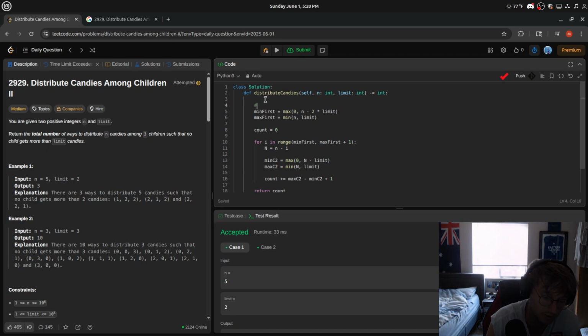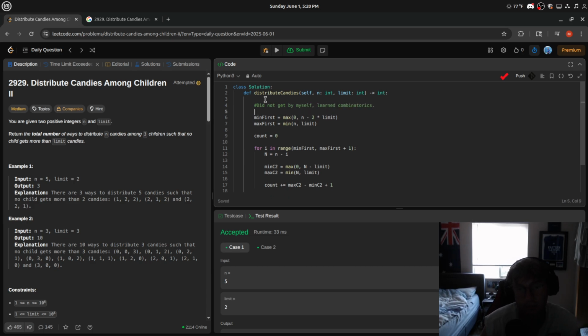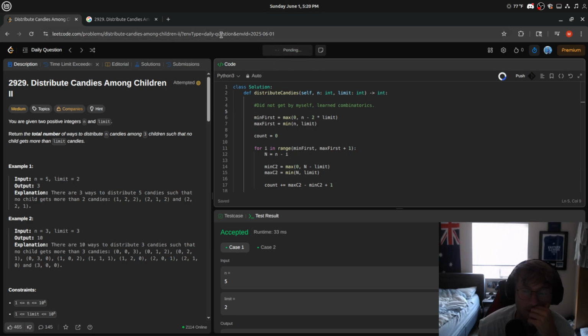I'm going to add a little note here. Did not get by myself. Learn combinatorics. So if I come back to it, I don't feel bad that I can't solve it. Yeah, the combinatorics really just confused me. It's just confusing, man.